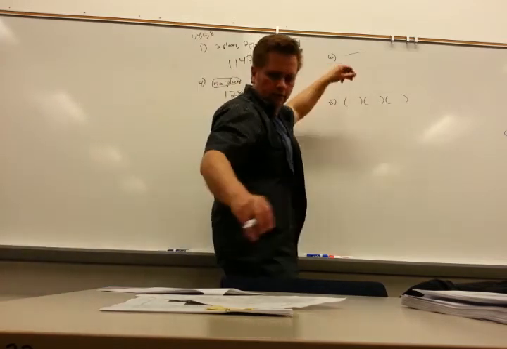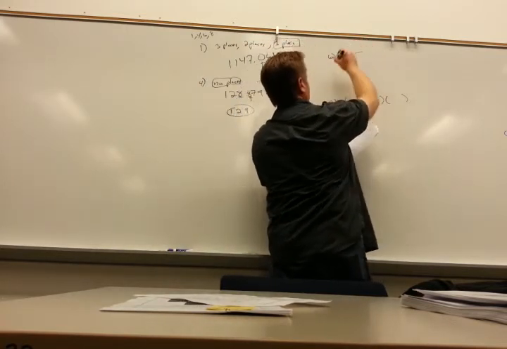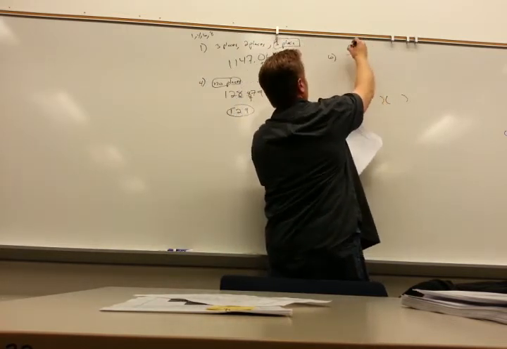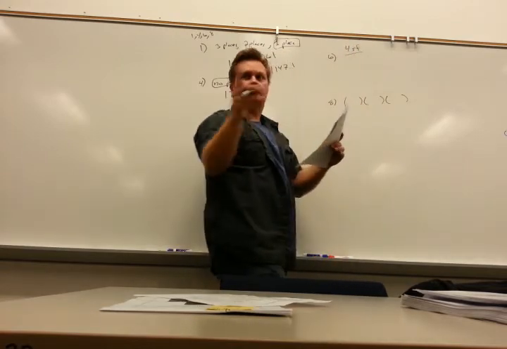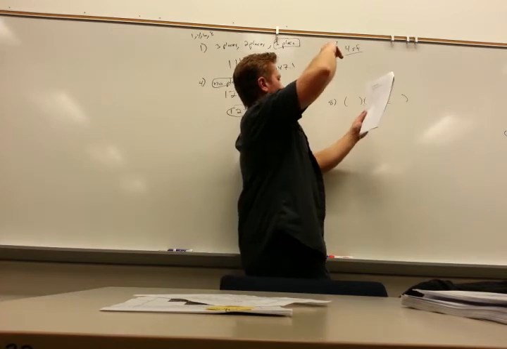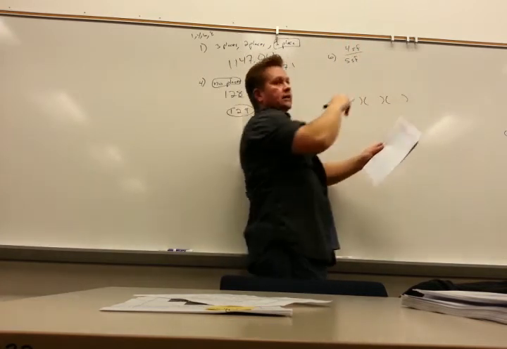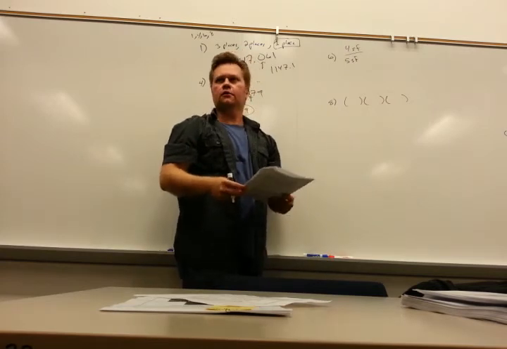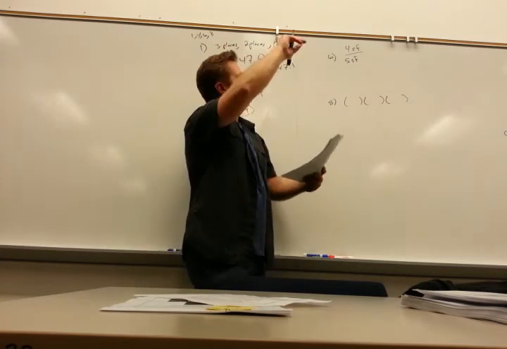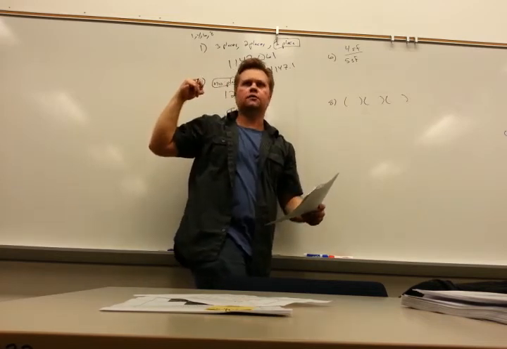Number 6, the top number has how many sig figs? 4. Right, because it's a decimal, so you start at the 5 and go all the way to the end. On the bottom, how many sig figs? 5. So my answer has to have how many sig figs? 4. Good, the weakest one is 4. I'm dividing, so it's all about sig figs now. Adding and subtracting is all about decimal place.